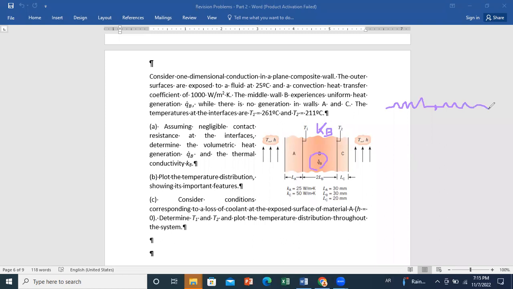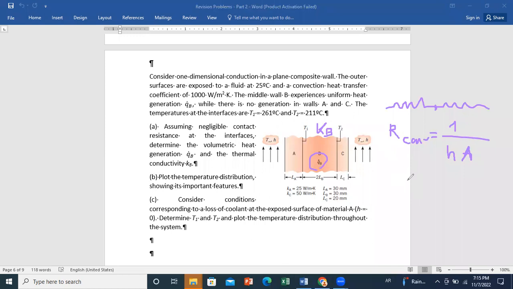So for convection, for example, the resistance can be written as 1 over hA.